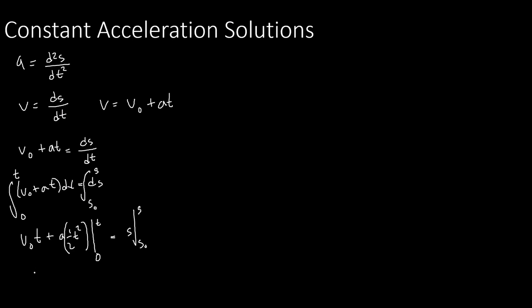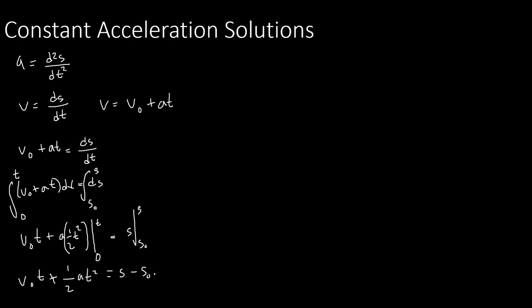So now let's plug everything in. If we just plug in t and 0 here, we're just going to end up with this, so no need to plug anything in here really. So we have v naught t plus 1/2 at squared equals s minus s naught.